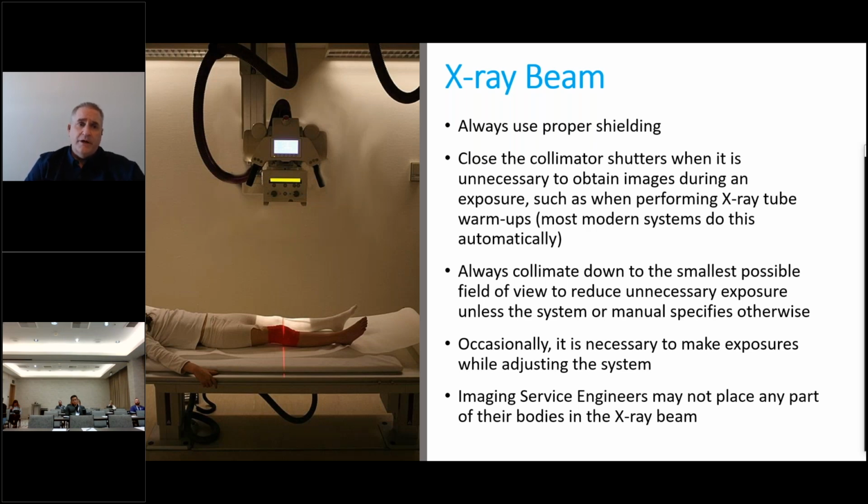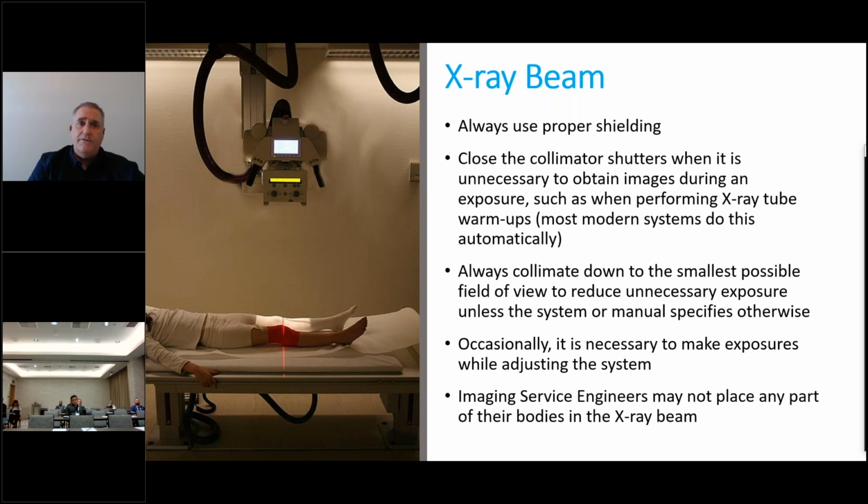If you're going to put your hand down on an X-ray film and make a hand exposure, you're not going to put your hand down on a big 2-foot by 2-foot square right in the middle. You're going to put your hand way off to one side, and then they're going to collimate down so that the field that's going to be exposed is no bigger than the hand itself.